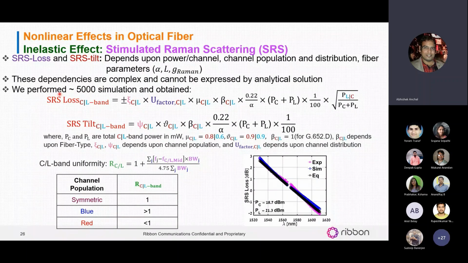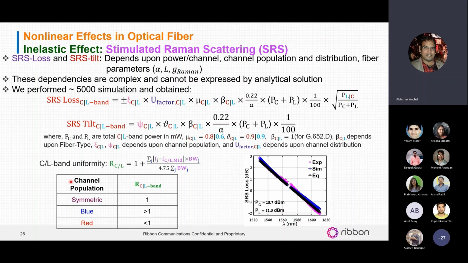With the various simulations, we found this equation, the SRS loss and tilt equation, which depends upon various parameters, for example the total power in C and L band, as well as the distribution of channels. So this factor U and eta depend upon the number of channels. I'm not giving the equation here, but the U factor is uniformity of distribution, meaning it takes care of where the channels are actually present in the system.